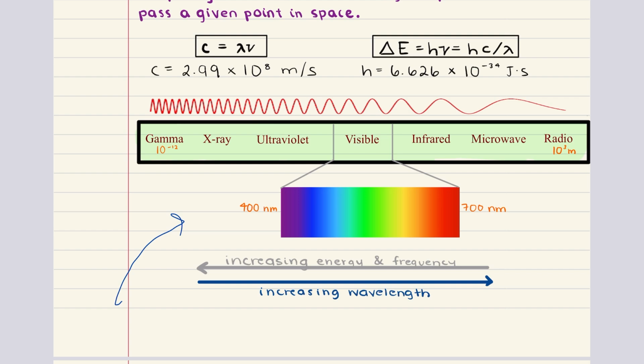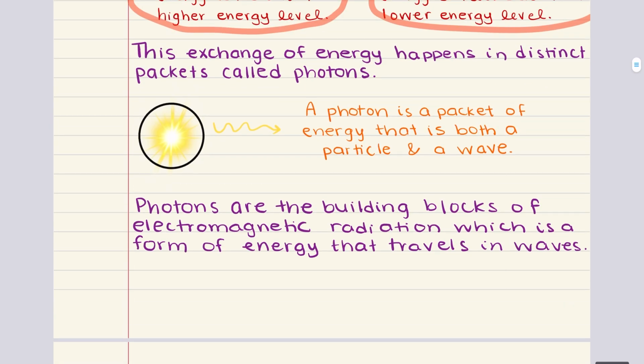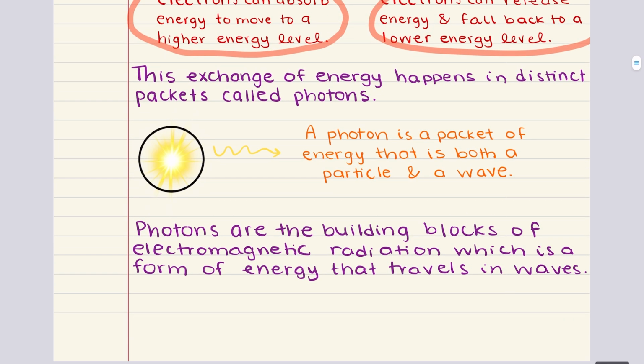So taking all that into consideration, the main point I want to make here is that electromagnetic radiation doesn't behave purely as a particle or purely as a wave. It exhibits both behaviors.